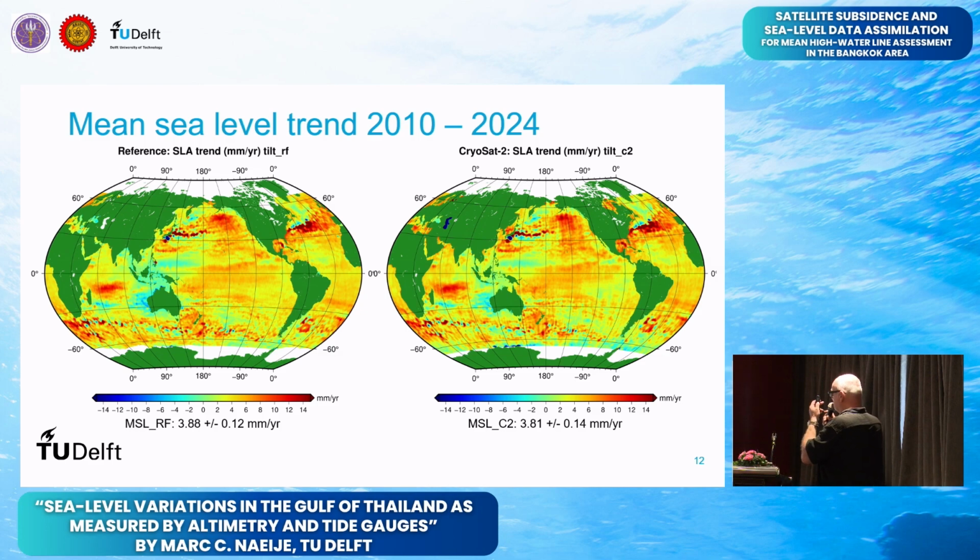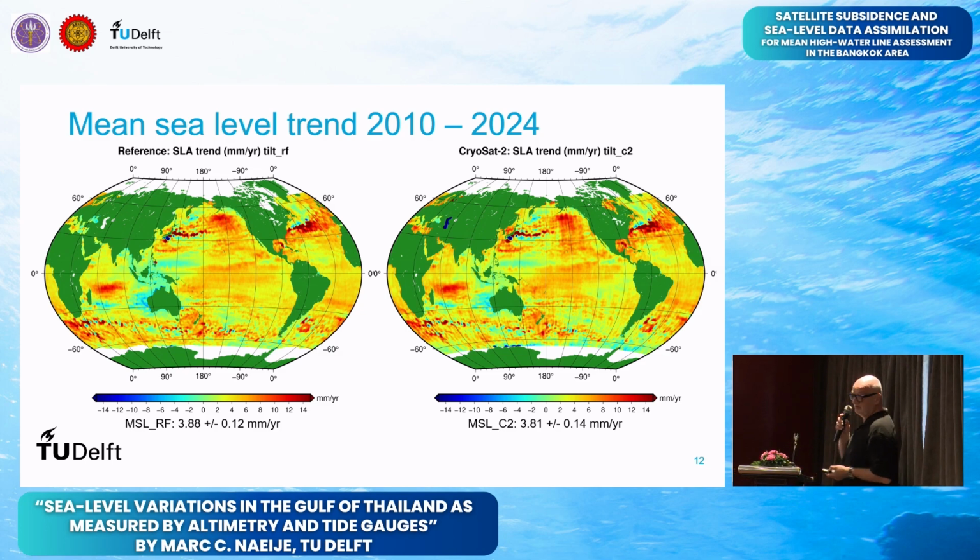Now, up to 2024, this is the whole period where Cryosat exists, and we took all the reference satellites, so that's the result on the left, and for Cryosat it's the result on the right. And basically there is not much of a difference. You can also see it in the mean sea level trend value. So for Cryosat we have 3.8 millimeters per year. Why is there a preference then to use Cryosat?